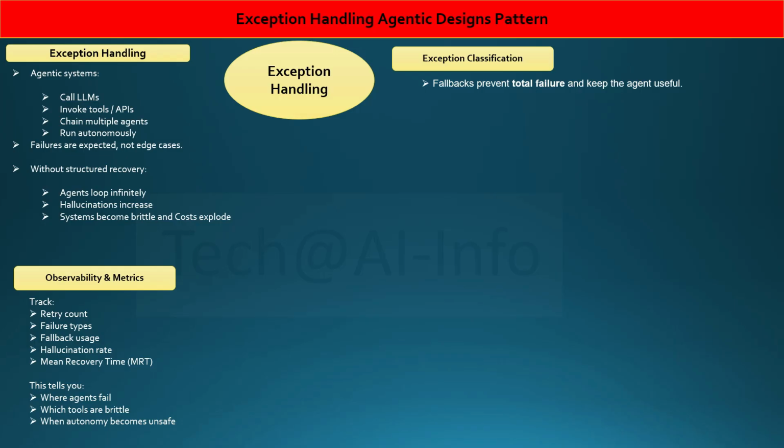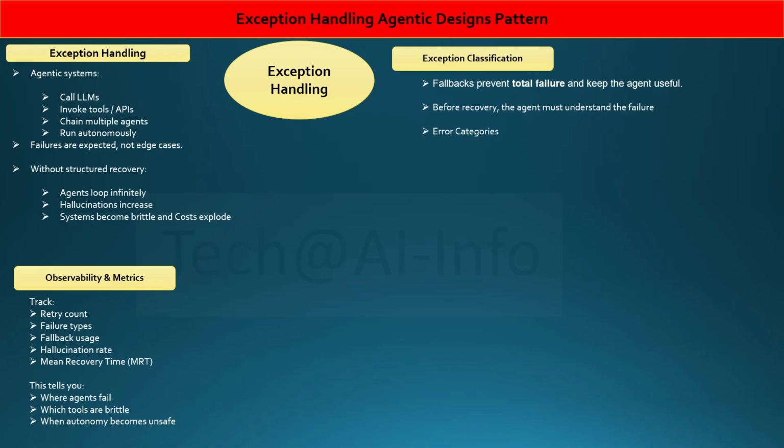Exception classification enables safe retries, intelligent fallback, controlled autonomy, and cost containment. Fallback prevents total failure and keeps the agent partially useful, but it only works if the agent knows why it failed. So before recovery, the agent must understand the failure.